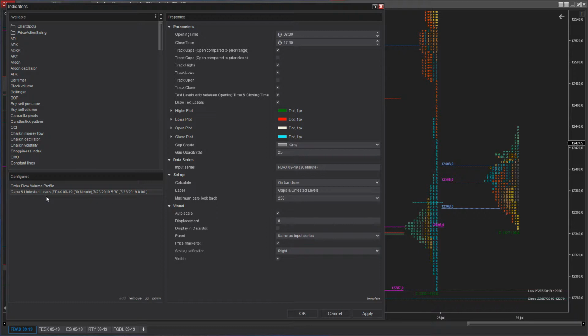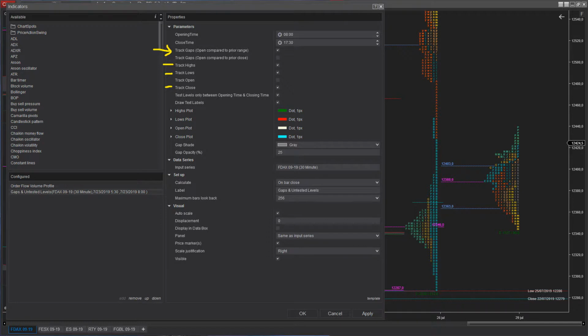What this does is give you a tool to automatically track gaps and also the highs, the lows, and the close, and even the open if you want, of prior days, and it will draw them until they have been tagged in a new day, so the market traded through them.